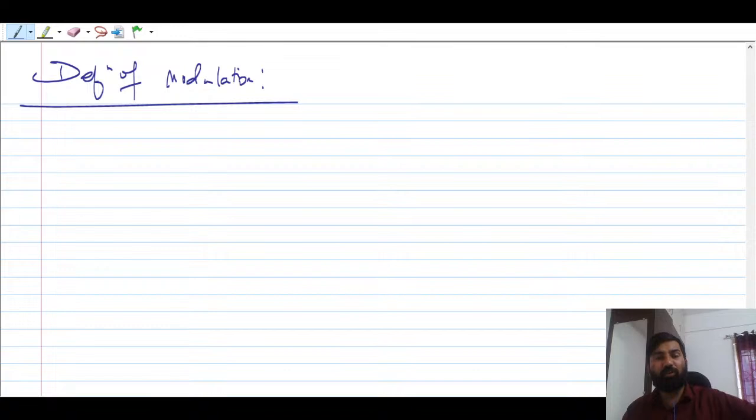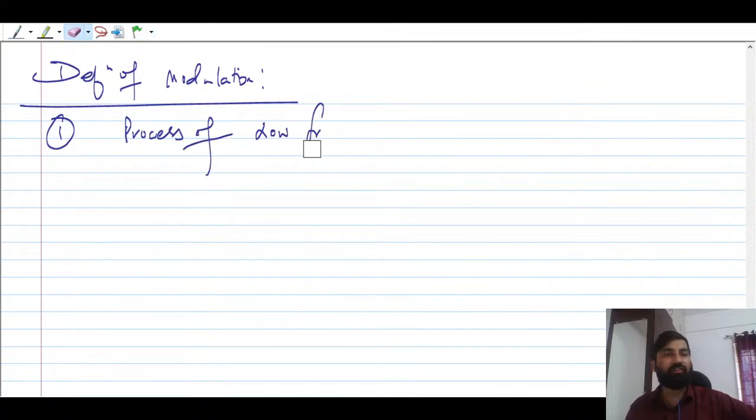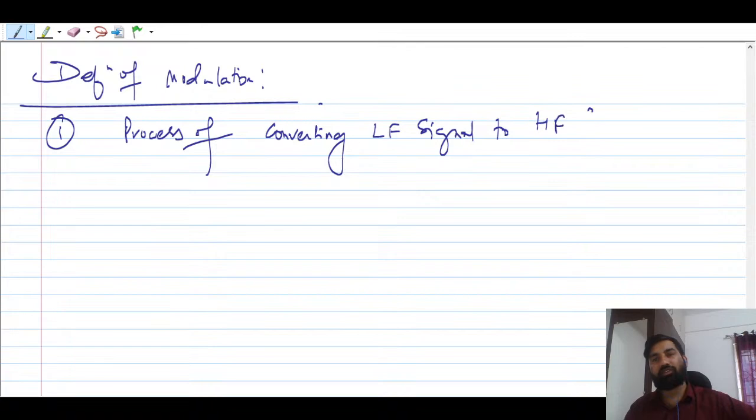What is the definition of modulation? So the first definition you can say is: a process of converting a low frequency signal to high frequency.